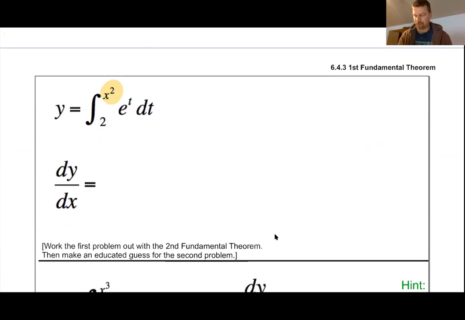You can say, all right, here's an integral. I want to find the derivative, dy/dx, of that integral, but I don't know how to do it, so let's find these separately. Let's actually find this integral first. First you find the antiderivative of e to the t. What's the antiderivative of e to the t?